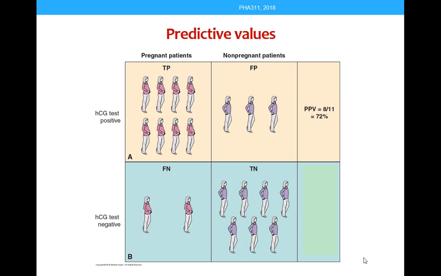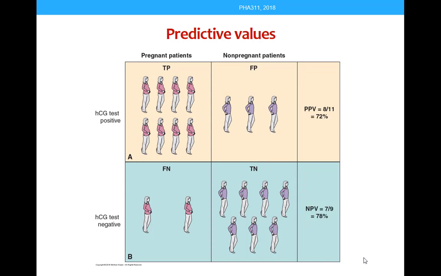So based on sensitivity and specificity data, you calculate predictive values. And when you are counseling the patient with the test report, of course you can't tell them, my report is final, nobody can question our lab report. You have to tell them, based on statistics, based on data, that there is a 72% chance that you are pregnant, but there is a 28% chance you may not be pregnant. Same thing for negative predictive value.